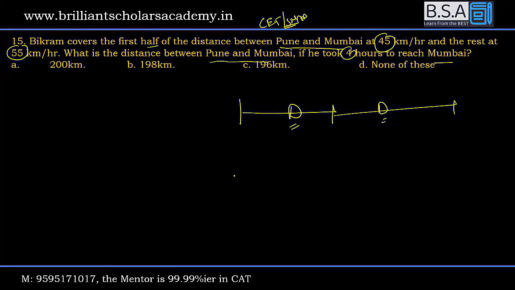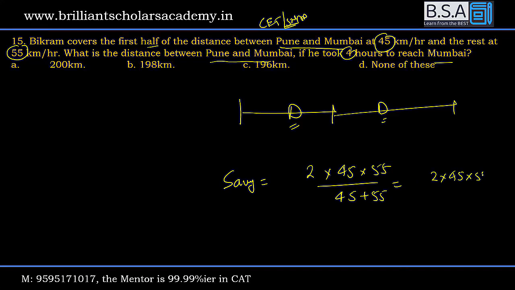In that case, the average speed becomes 2AB upon A plus B. We have talked about this. So that looks to me like 2 into 45 into 55 upon 100.